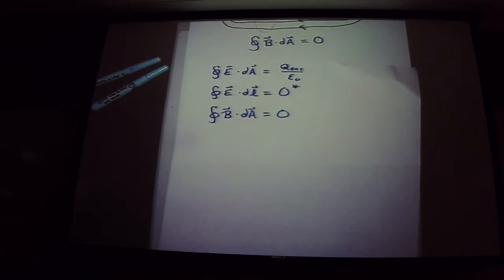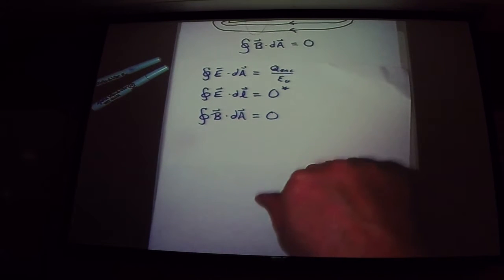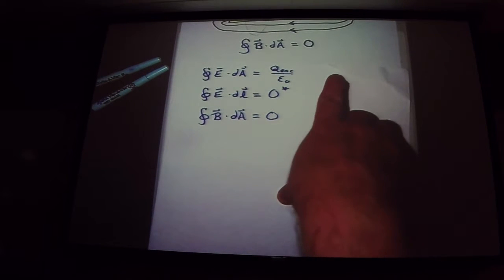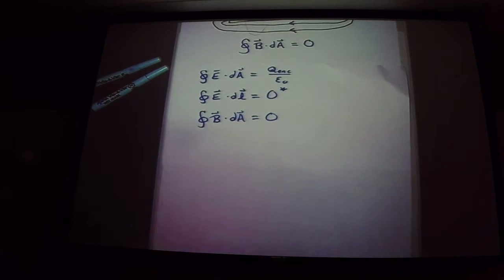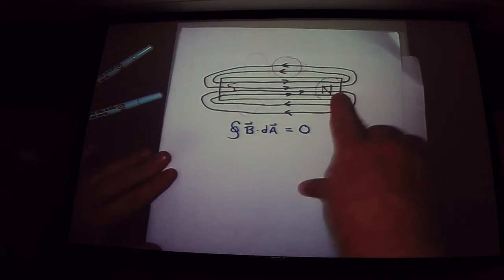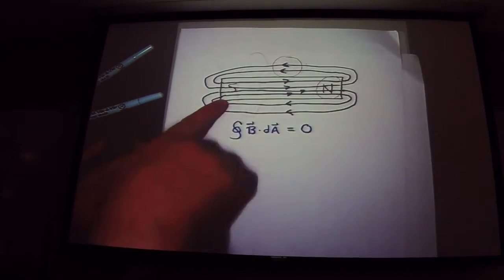Yes? You said there's no beginning and no end, but yet you circled a beginning and end at the same time. No, that's the different fields. The electric field has a beginning and an end. The magnetic field doesn't have a beginning or an end. There is no beginning or end, because yes, it loops outside of here, but it connects back up.